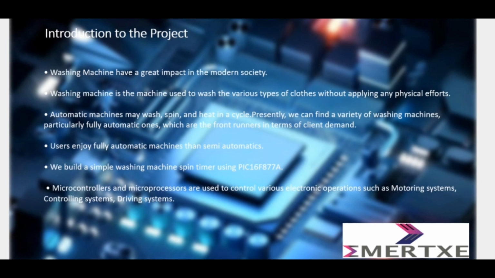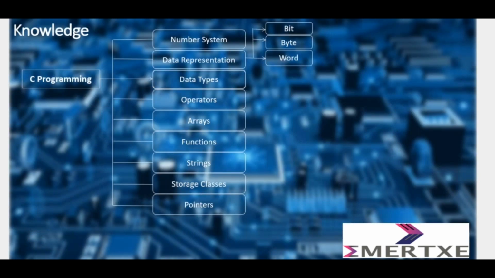These are all the things we learned during the internship to design and simulate the washing machine project, to know some basics of C programming. In C programming, we start with number systems. In number systems, we have binary, octal, hexadecimal, etc. Next, data representation, analyzing data in the form of bit, byte, and word.